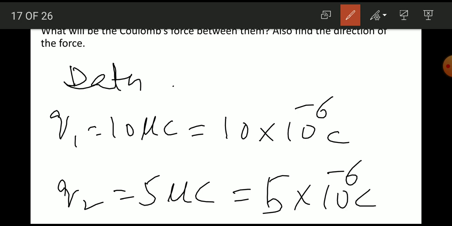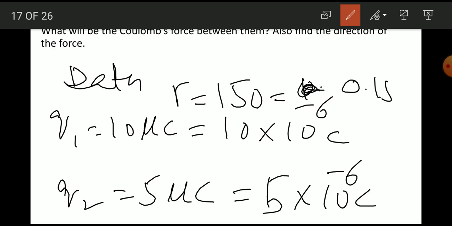Placed at a distance of 150 centimeters, divided by 100, which is 1.5 meters.